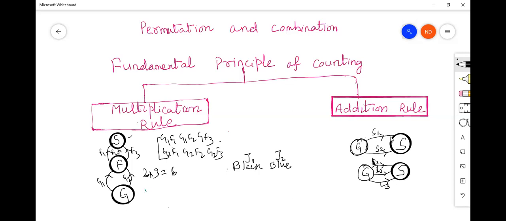So with black jeans you can have yellow or red or blue. Similarly with blue jeans also you have a yellow t-shirt or a red t-shirt or, sorry, a blue t-shirt. Okay, so like this.